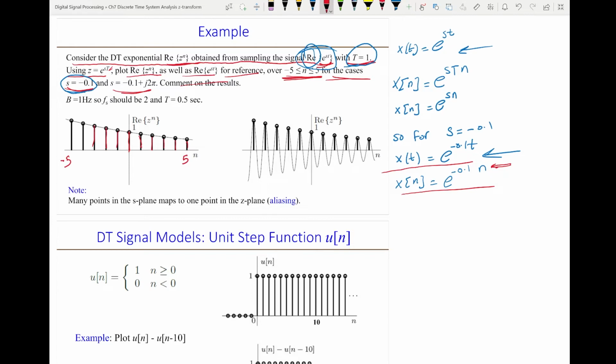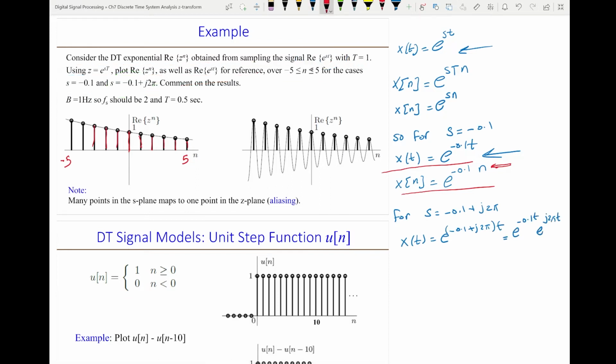Now let's consider the second case, when s = -0.1 + j2π. Then x of t will be, let's clean this up. Now if I take the real part, then x of t will be.